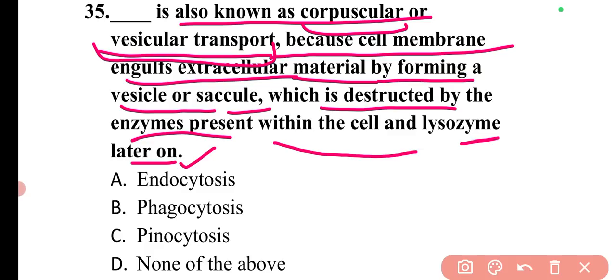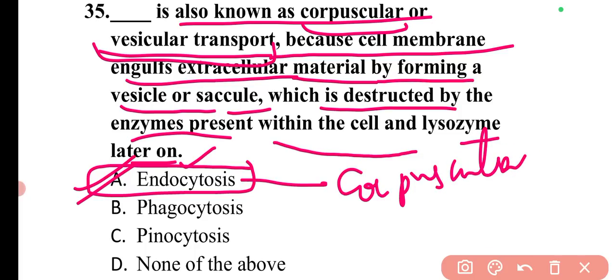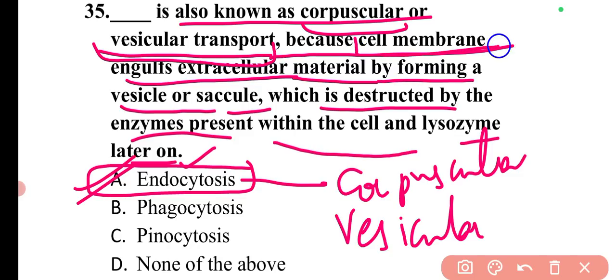So basically, this is the endocytosis process, and another name for endocytosis is corpuscular or vesicular transport. In this transport, the cell membrane engulfs the extracellular material.